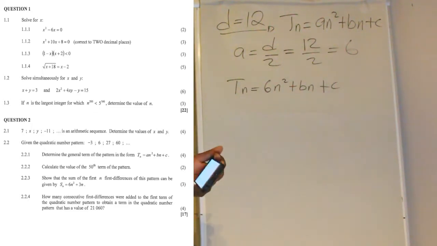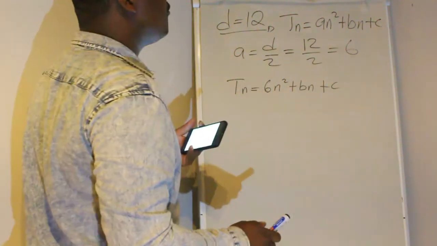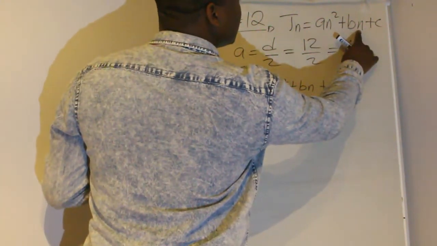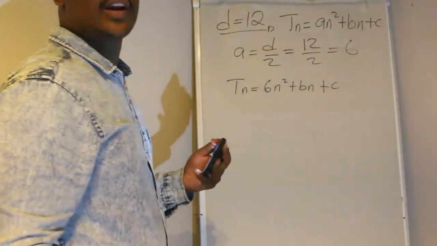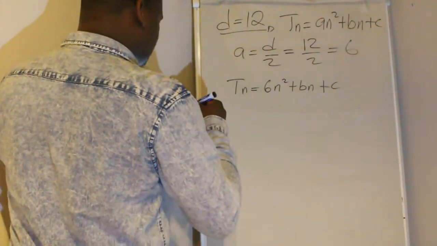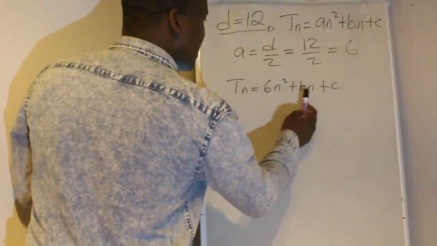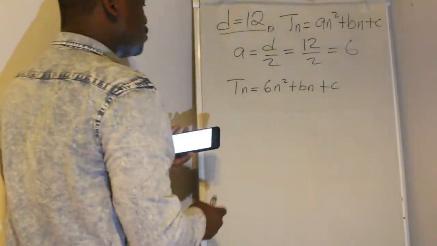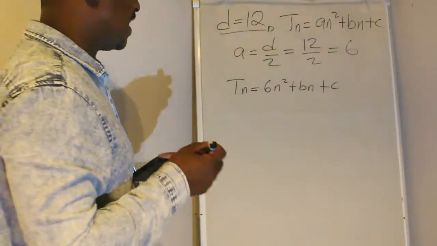So if you substitute 1 here and 1 there, whatever the value of c, it should give you the first term, which is -3.